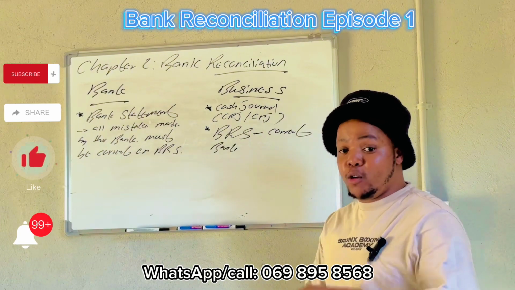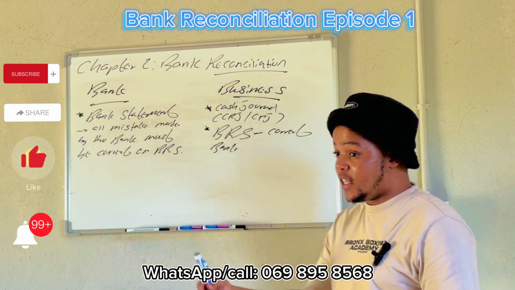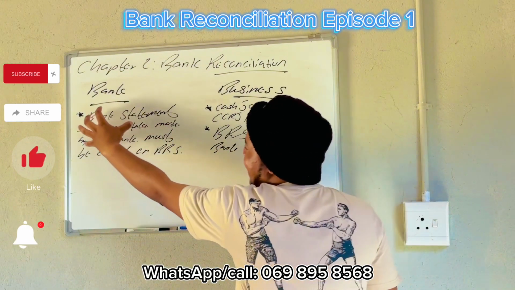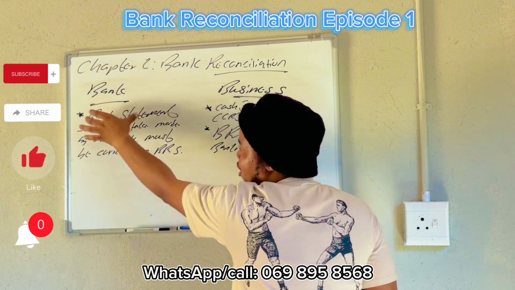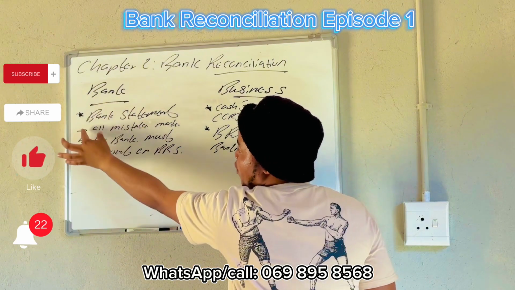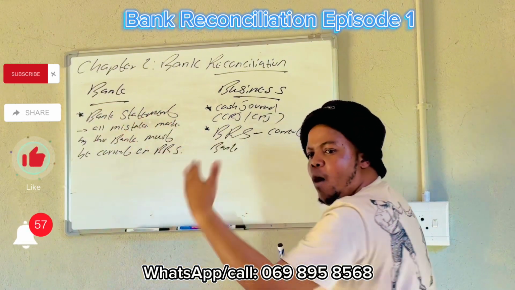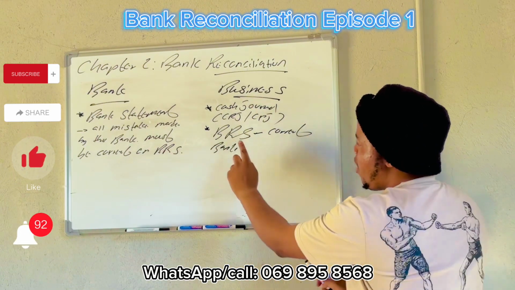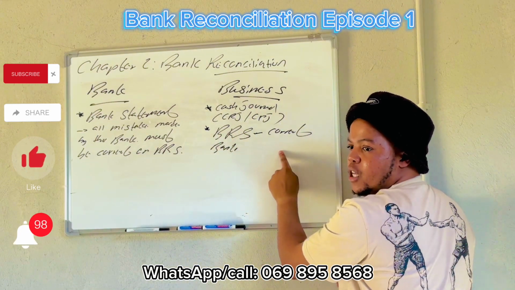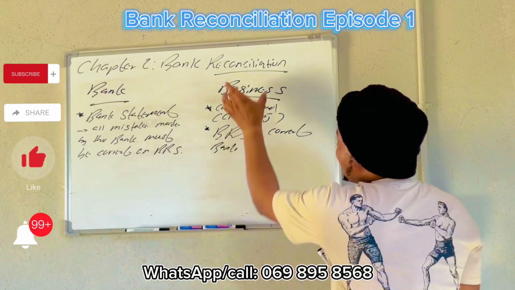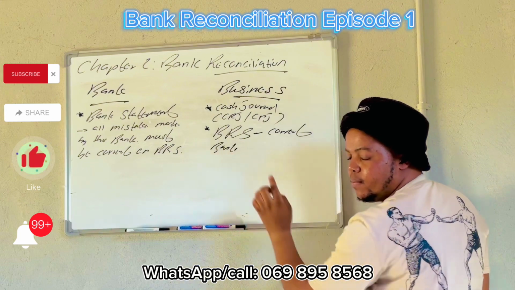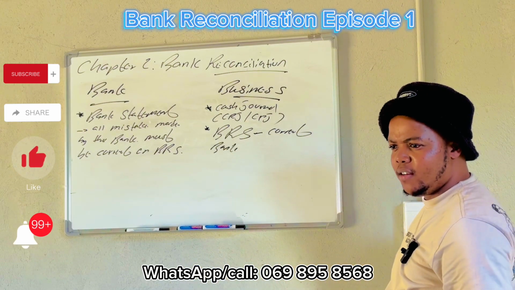So that all the time when you read the transaction, you need to understand who made the mistake. So if a mistake is made by the bank on the bank statement, because the bank prepared the bank statement, where are we going to tell the bank you made the mistake on the bank statement? We are going to use the BRS. Who prepared the BRS? The business. To do what? To correct the bank. Are we all together?